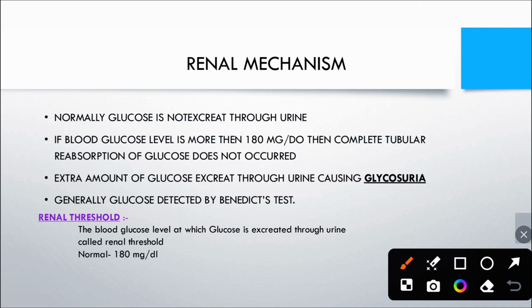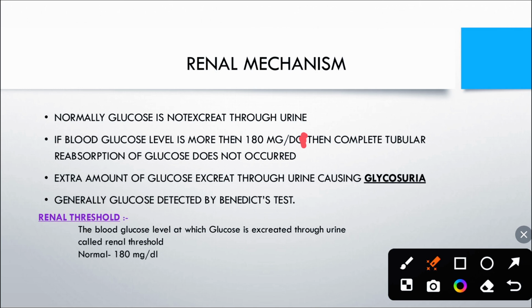Then renal mechanism. Normally glucose is not excreted through the urine, but if the blood glucose level is more than 180 mg per dl, then complete tubular reabsorption of glucose does not occur. So the extra amount of glucose is excreted through the urine, causing glycosuria. That means glucose in urine.